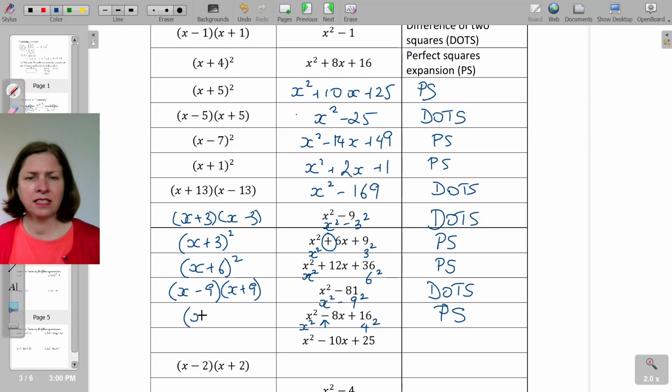So this is x here and 4 here, and the difference is I've got a subtraction in the middle. And this next one looks like the same pattern. This is x squared, this is 5 squared, and this is minus double of x times 5. So I've got x minus 5 all squared.